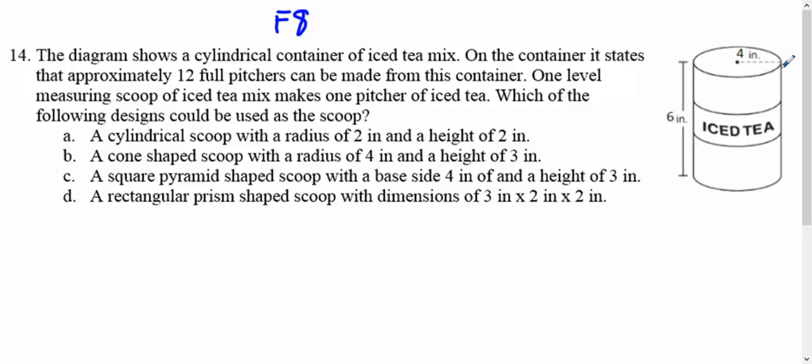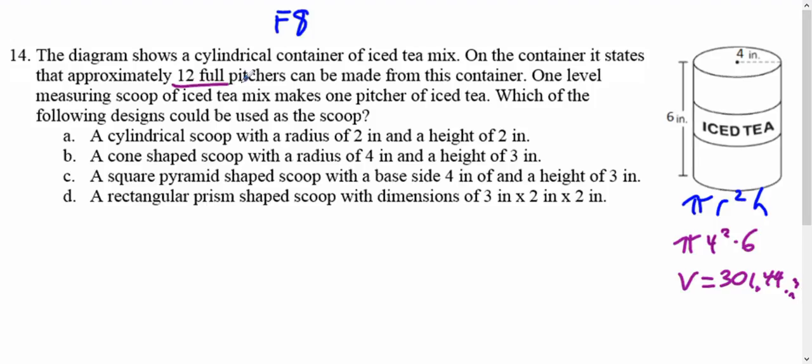So you find the total volume of this cylinder, pi r squared times the height for volume of a cylinder. So that's pi times 4 squared times 6. Do 3.14 times 16 times 6. We have the volume of that cylinder is about 301.44 cubic inches.